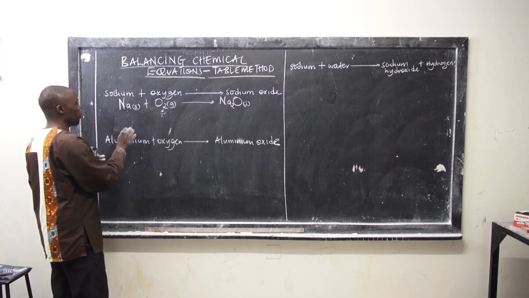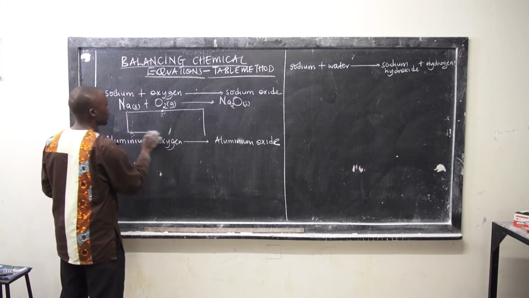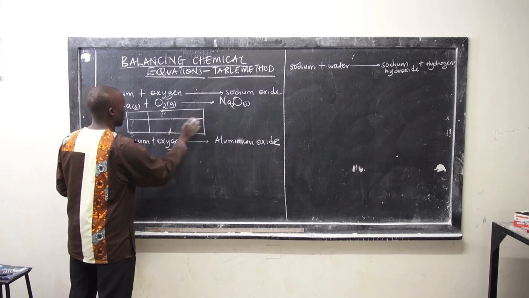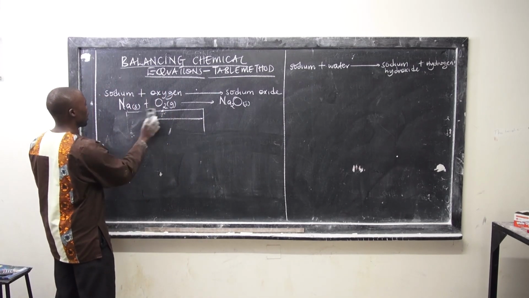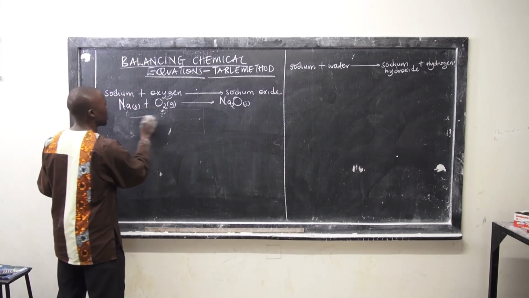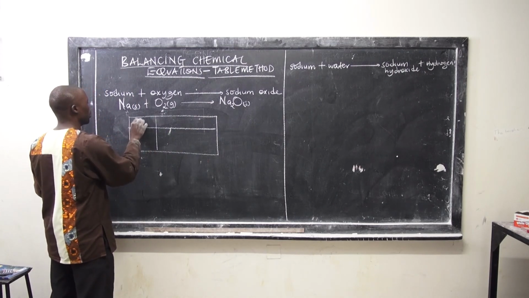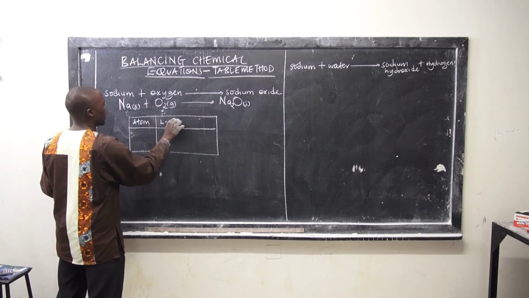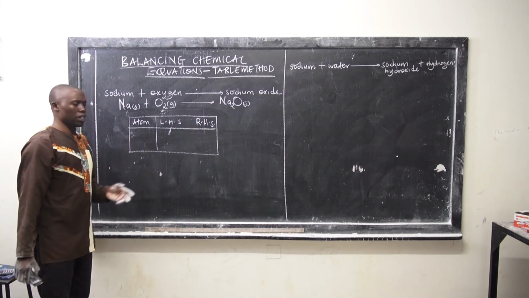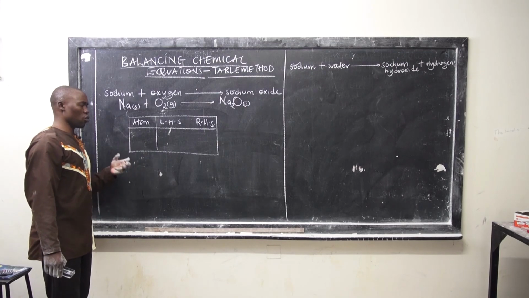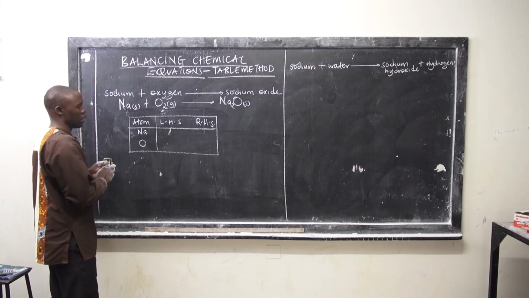So for the table method we are going to list the atoms on the left hand side and the atoms on the right hand side. Of course, you can display this method in another way, the way it is convenient for you. So I have sodium here, I have oxygen here.